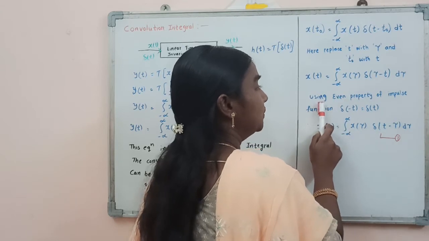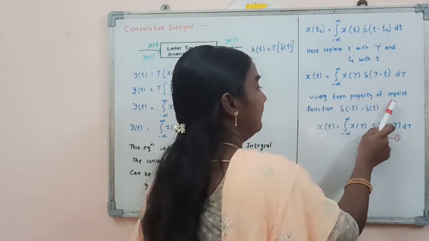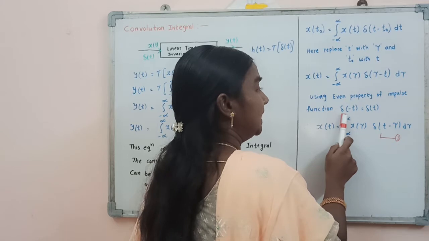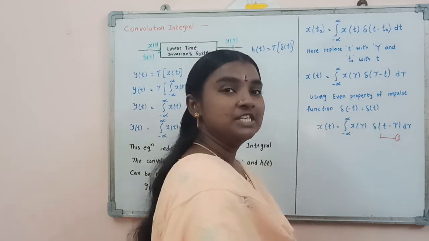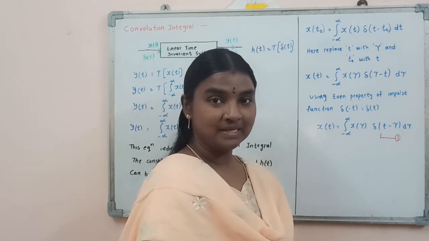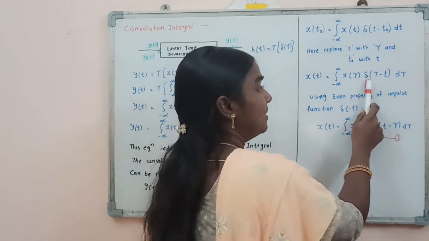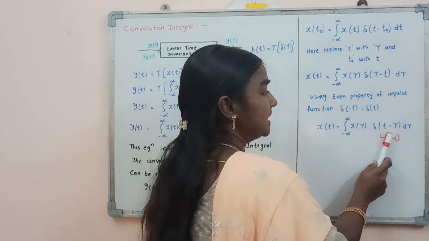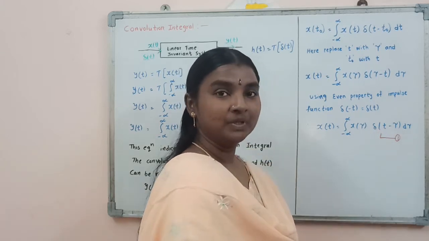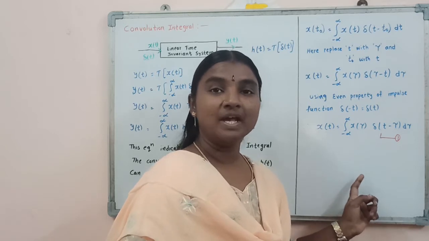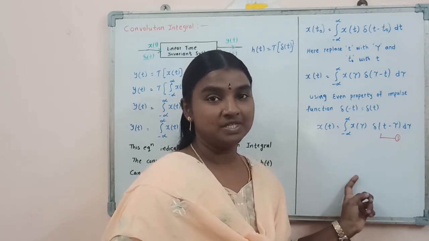Now here, using the even property of impulse function, delta of minus t will be equal to delta of t. So by this even property of impulse signal, this delta of tau minus t can be changed as delta of t minus tau. Now this equation we are going to use in the convolution integral.